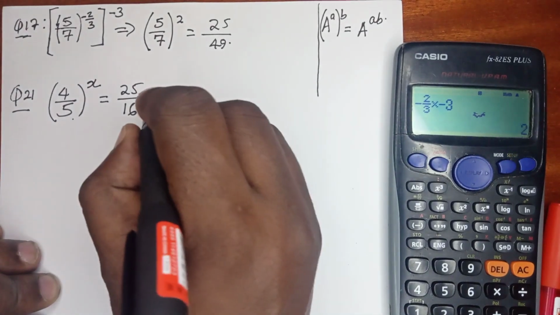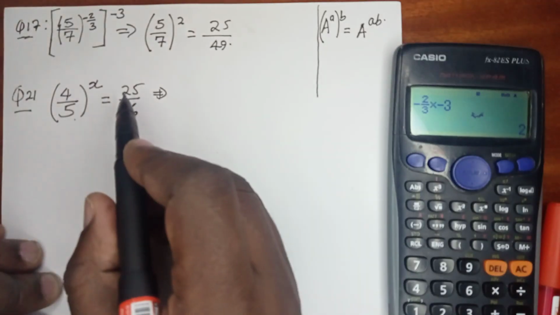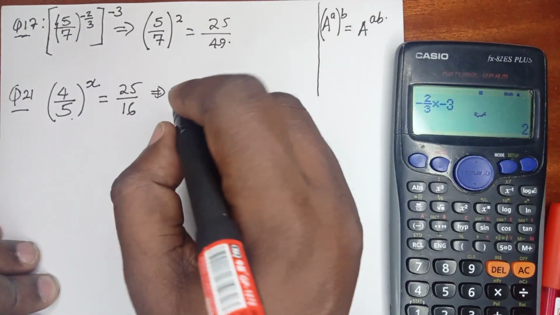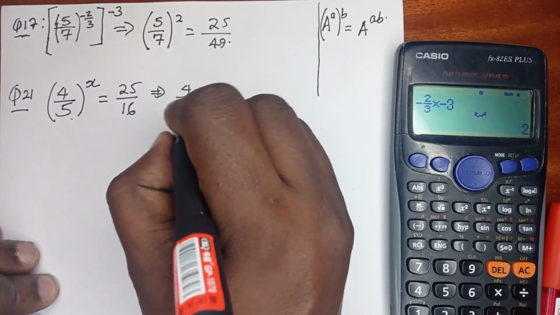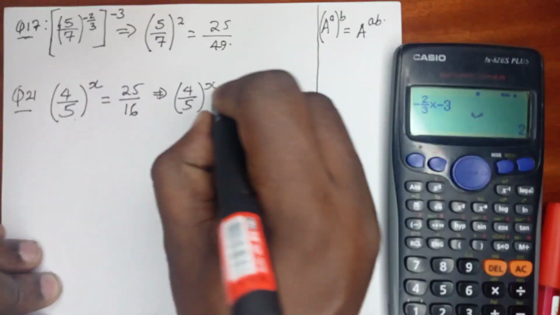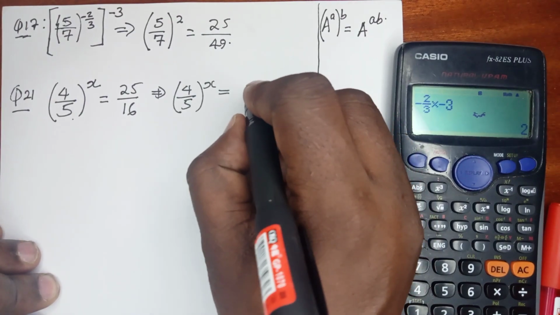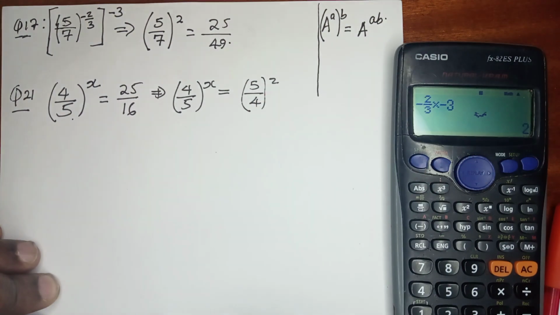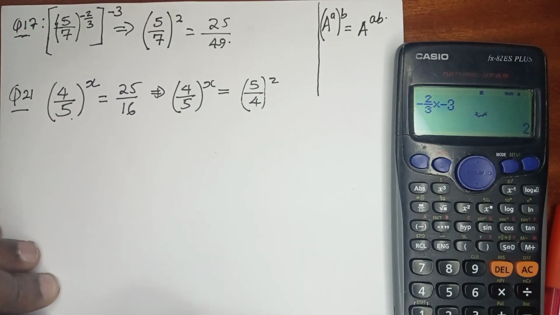And before we can even go further, we can write 25 into base 5 and 16 into base 4. So we have 4 out of 5 everything raised to power x is equals to 5 out of 4 squared, because 5 squared is 25 and 4 squared is 16.